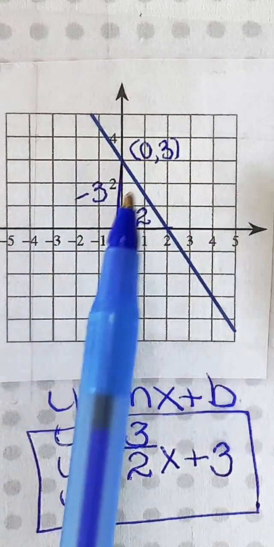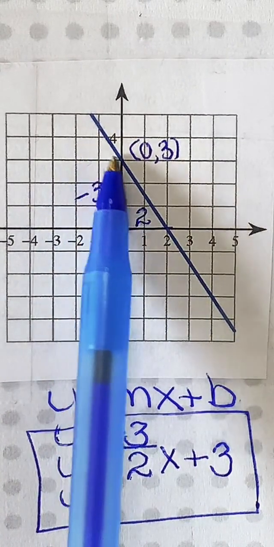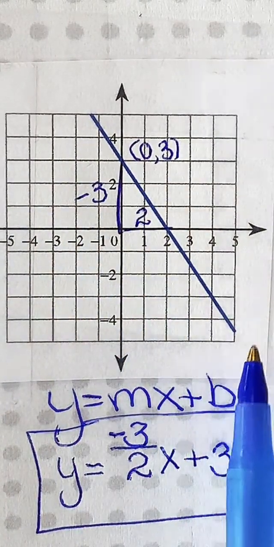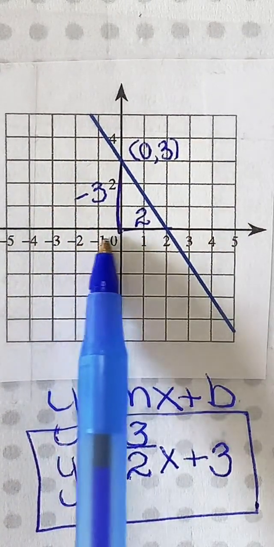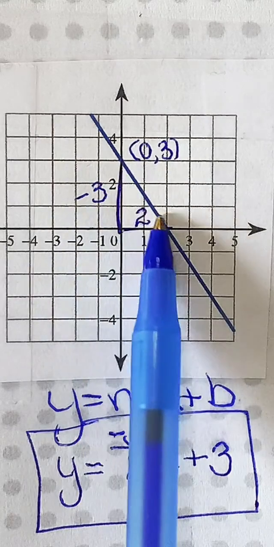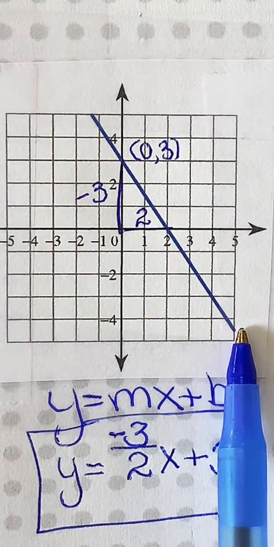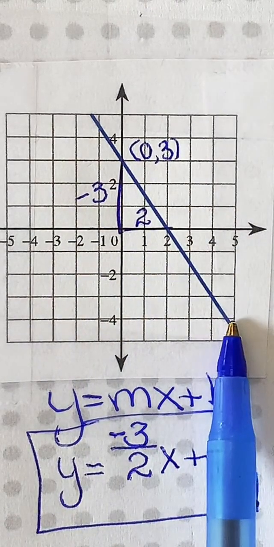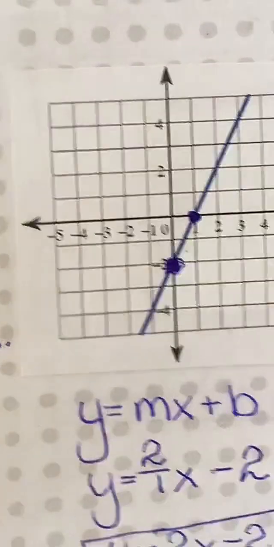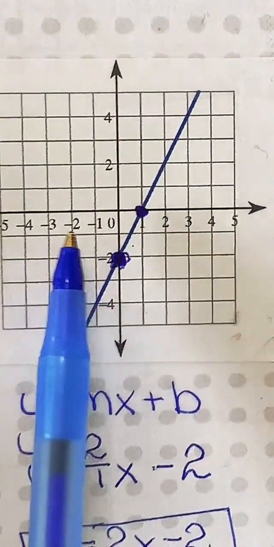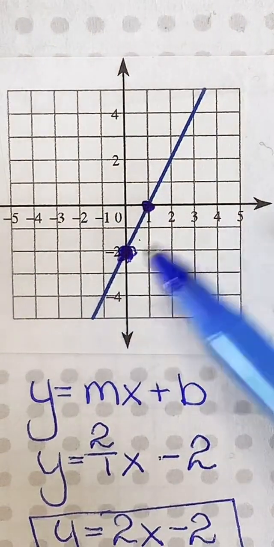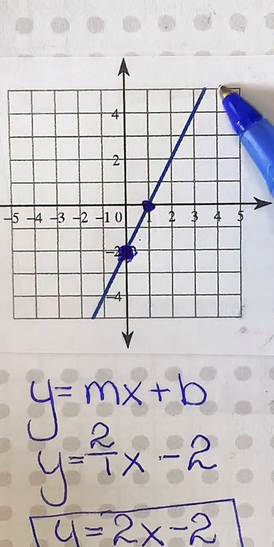So if you notice, from left to right, this graph is going down. So anytime my x's are increasing, my y's are decreasing. So that's telling me I have a negative slope. Unlike the last time, going from left to right, my graph is increasing.